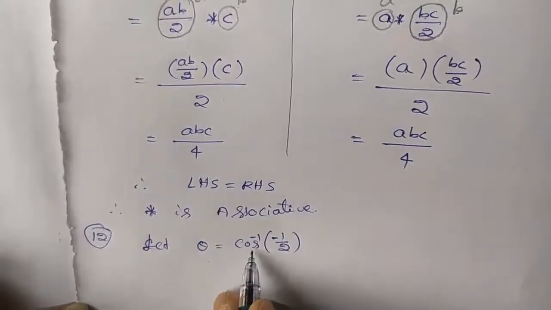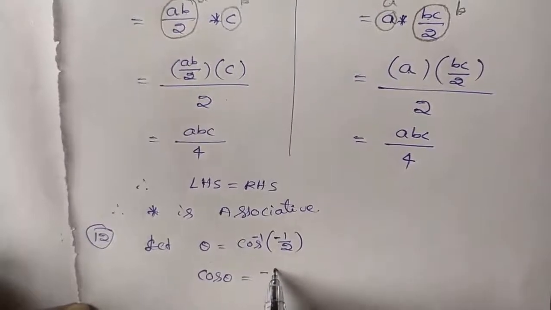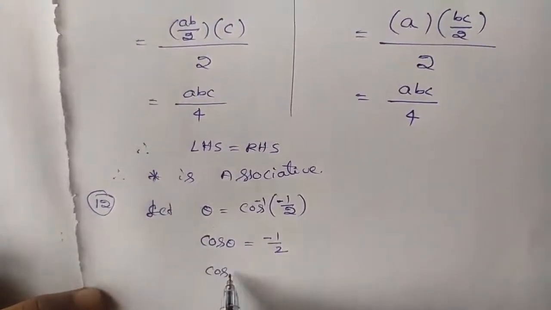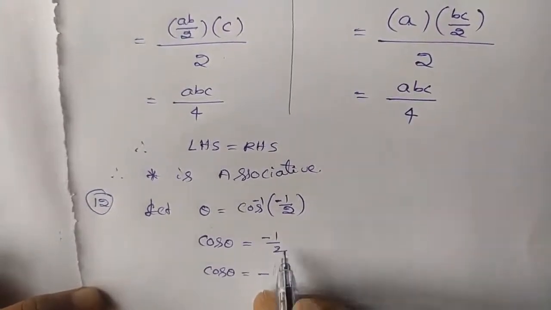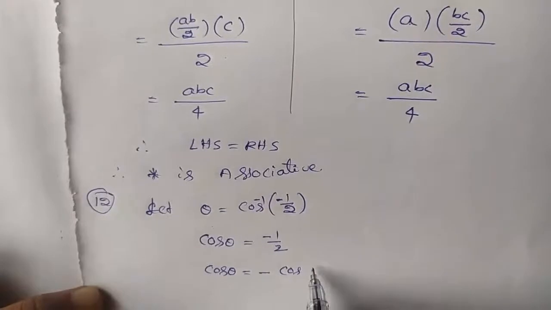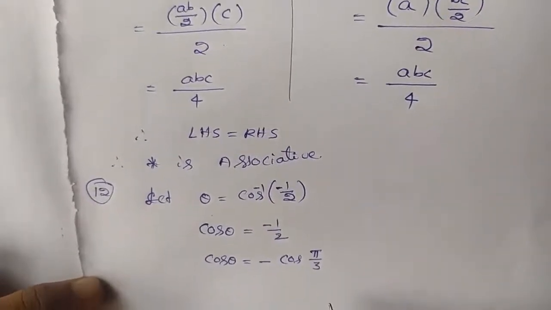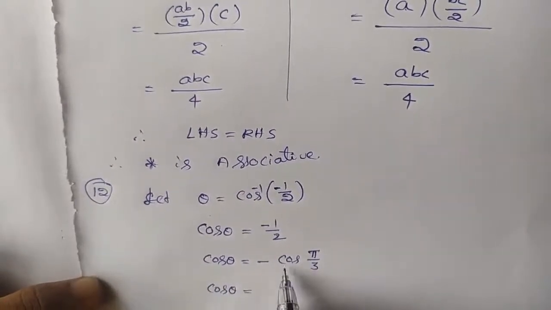If we take this cos inverse to the left, that will be cos theta equals minus 1 by 2. So cos theta equals minus cos of which angle is 1 by 2? Cos 60. Cos 60 is pi by 3.